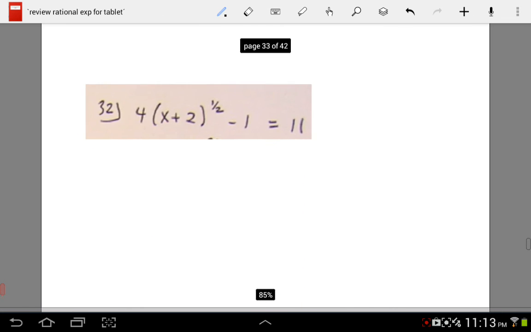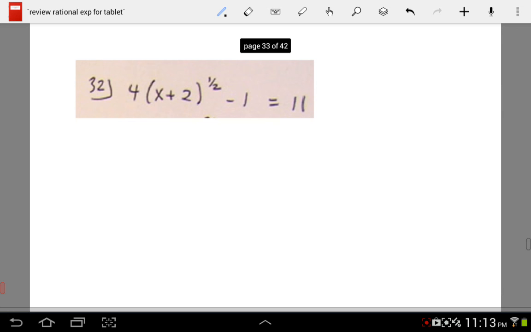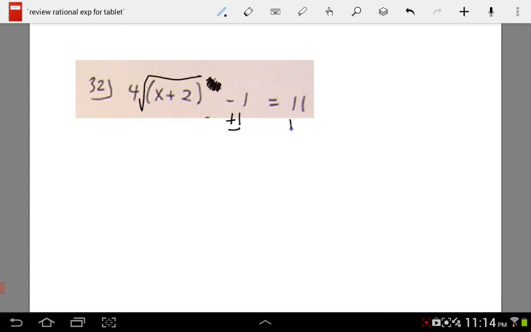Okay, number 32. Now we have this 1/2 power. Now again, instead of this 1/2 power, what we can do to make us a little bit more comfortable is let's just call that the square root. Now, let's isolate it first. So I would add 1 on both sides here. So we would get 4 times the square root of x plus 2 equals 12.